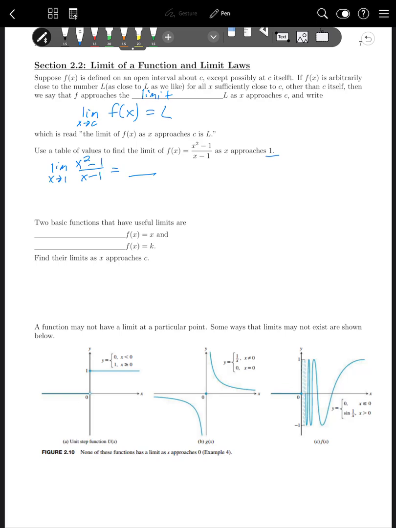Well, the first problem is I can't find f of 1, because what happens if we try to find f of 1? We get 0 over 0. Well, that is undefined. So we can't just plug in the value. But what we can do is see what happens as we get close to 1.